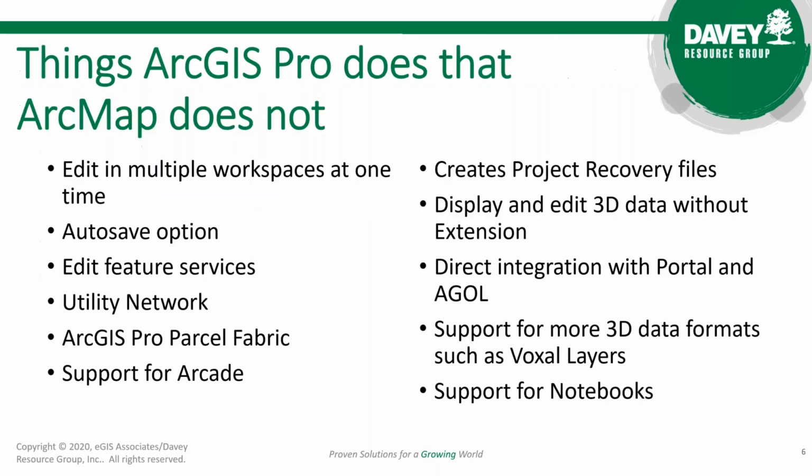What you will have to do is use the ArcPro parcel fabric. So why Esri had to come up with a different version of the parcel fabric, I don't know. But there is a new one for ArcPro, and there are tools to go from the ArcMap parcel fabric to the ArcPro parcel fabric.